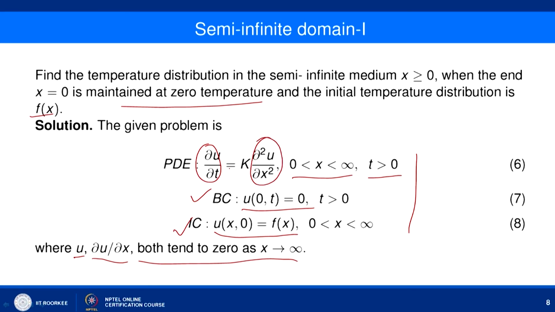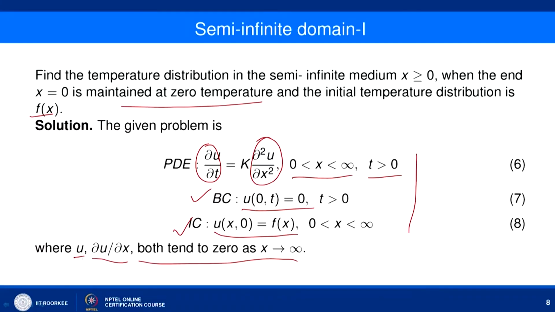When we do integration by parts, we have a boundary term, that is the value of u or ∂u/∂x at the lower end point, x equal to 0. Because we only have the condition that u and ∂u/∂x both tend to 0 as x tends to infinity, but we do not know the behavior of u and ∂u/∂x at the end point x equal to 0. Depending on this we will choose the Fourier cosine transform or the Fourier sine transform.